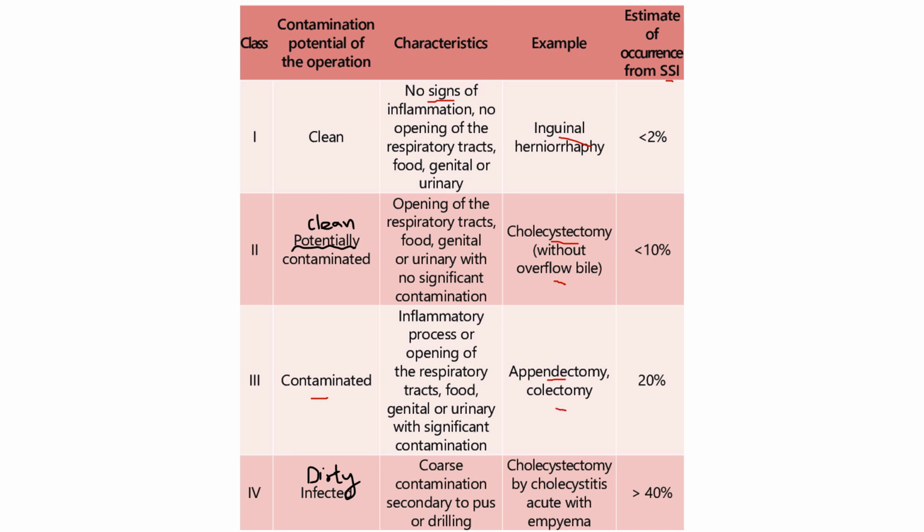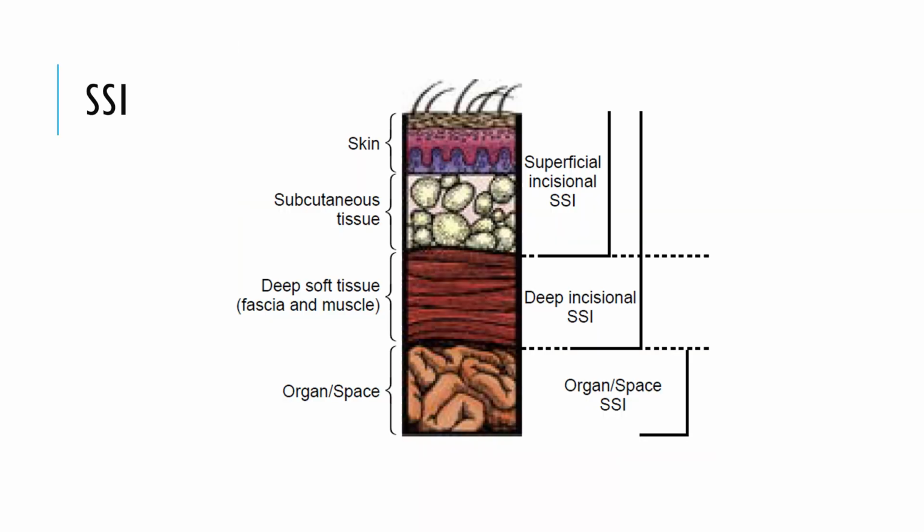Okay. Dirty wound means there is obvious contamination, like perforated bowel. If you're operating on a perforated bowel with fecal peritonitis, that is an obvious dirty wound. Contamination secondary to pus or spillage, that is cholecystectomy for acute cholecystitis with empyema. Okay, so these are the 4 types of wound.